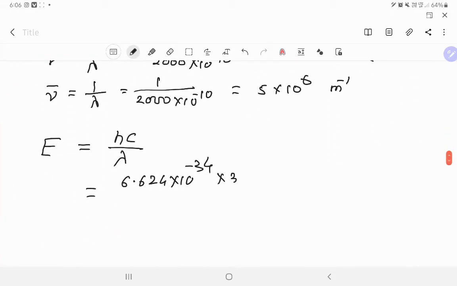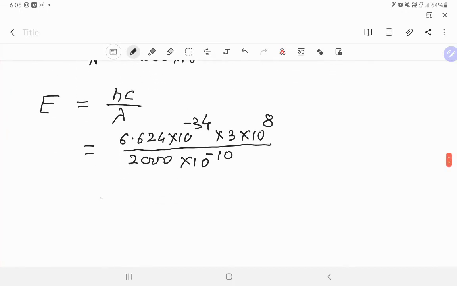Velocity of light is 3 into 10 raised to 8 meter per second, divided by lambda in meters, 2000 into 10 raised to minus 10. If we solve this, it will be 9.936 into 10 raised to minus 19 joules.